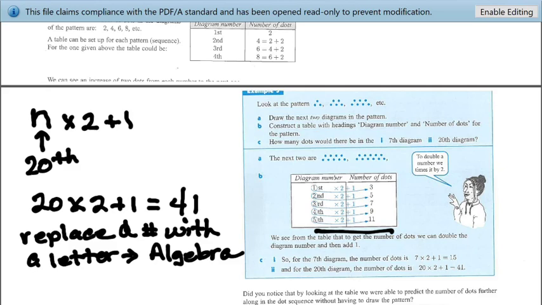So many people are afraid to do algebra, right? It seems different, but it's not. All it is, is I don't know what number that is. So instead of writing out some number I don't know, I can just write n. And that's all it stands for. It just means some number that you don't have the value for.